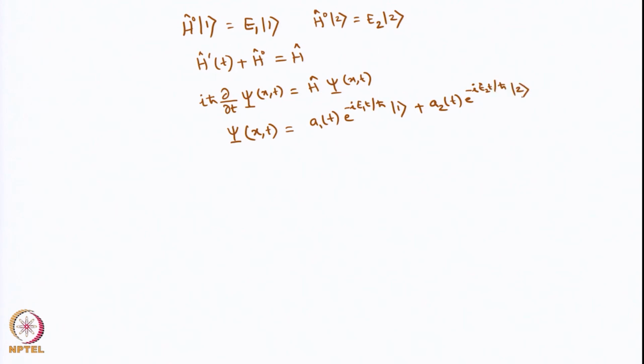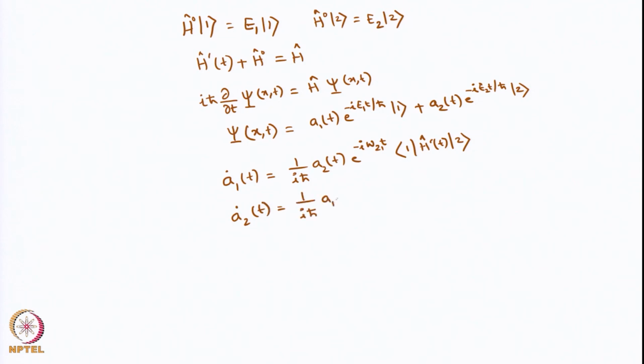Okay. So, after doing all the required mathematics, we arrived at a1 dot of t is equal to 1 over i h bar a2 of t e to the power of minus i omega 21 t times <1|H prime of t|2>, and a2 dot of t is equal to 1 over i h bar a1 of t e to the power of i omega 21 t times <2|H prime of t|1>.